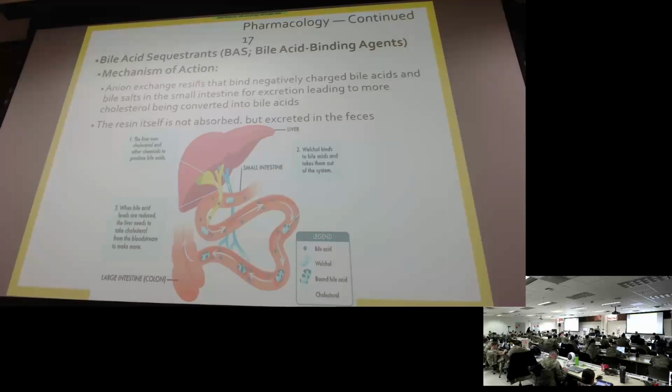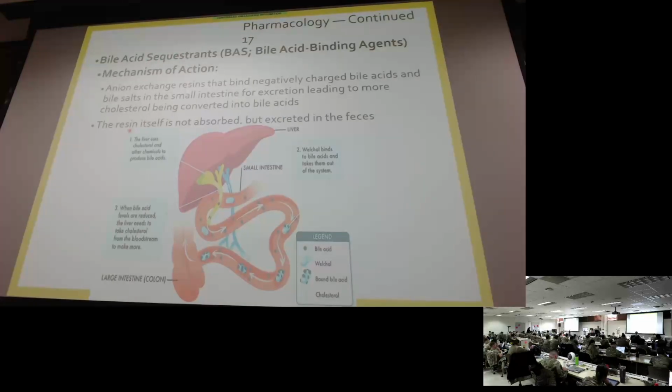So I'm going to bind to those bile acids, as in the name, bile acid sequestrant. Therefore I'm going to lead to more cholesterol being converted into the bile acid. It's making the liver uptake more of that cholesterol floating around in the system, which is why I have high levels of cholesterol. And it's going to take it in and say, I need you to make more bile now. So, bile acid sequestrant, okay?